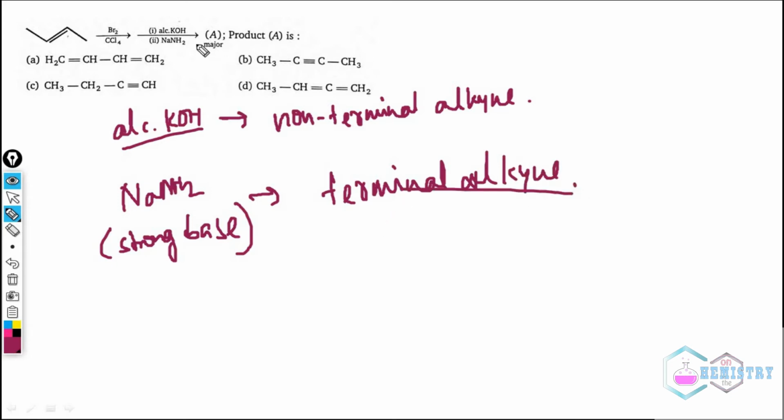But in this case, a terminal alkyne is not a possibility, and hence the non-terminal alkyne will be the correct answer. But if there is any possibility of formation of terminal alkynes, NaNH2 will always prefer to form the terminal alkynes. Remember this point, okay?